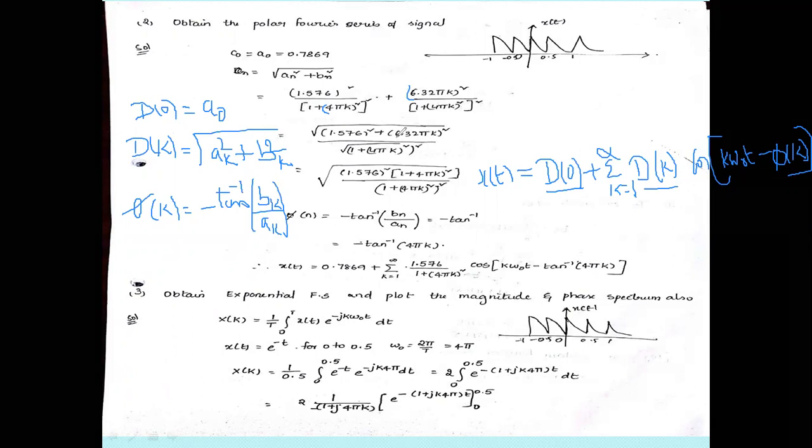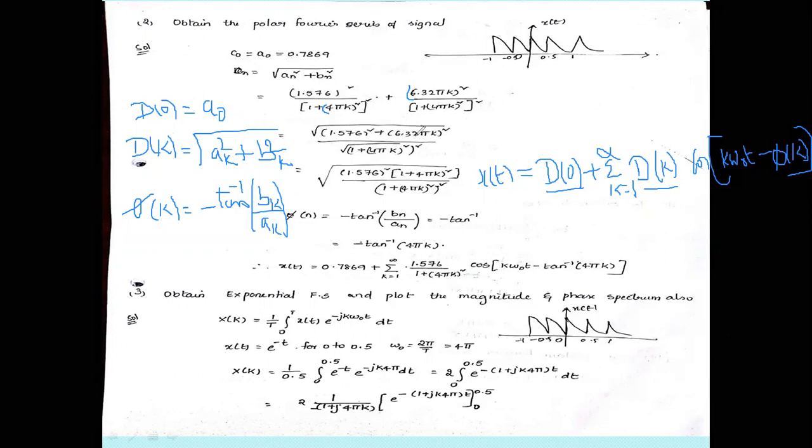In this, you can take both the denominators as the same. What is the denominator here? 1 plus 4 pi k whole square, and whole square under root. These two get cancelled. And here also the under root of 1.576 whole square plus 6.32 pi k whole square.